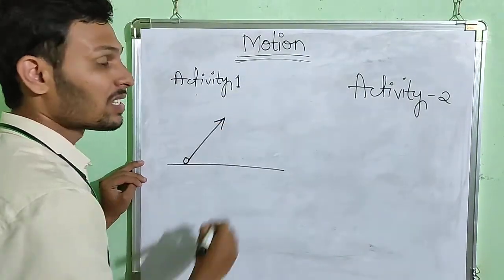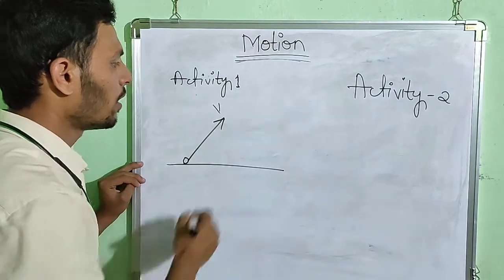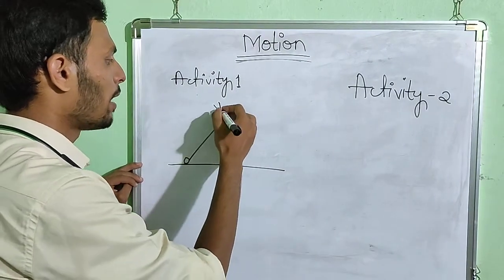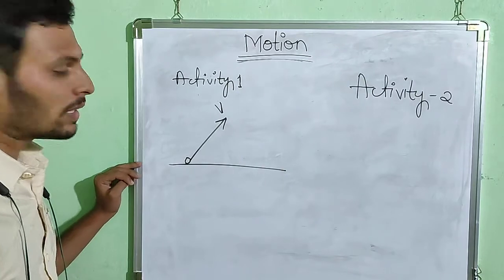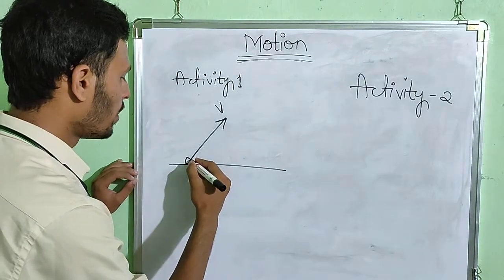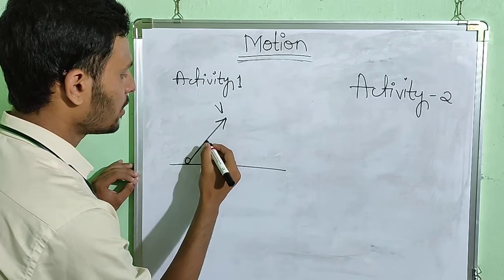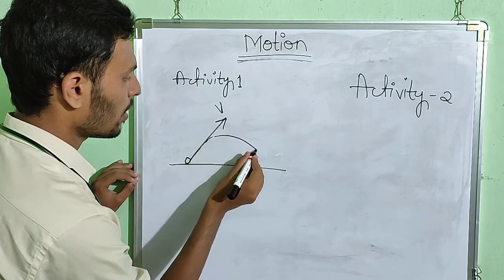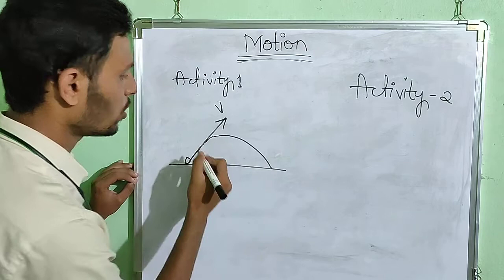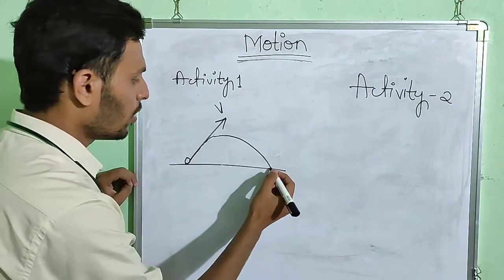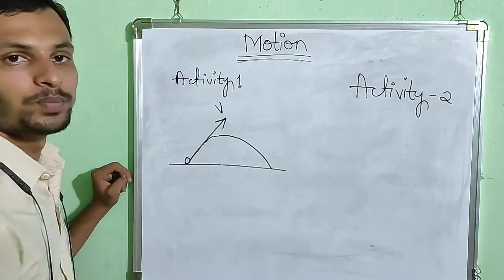The ball travels in this direction, curves down and falls on the ground over here.